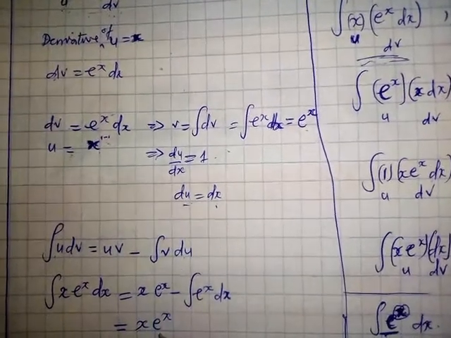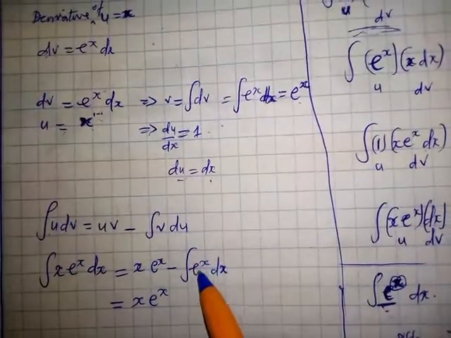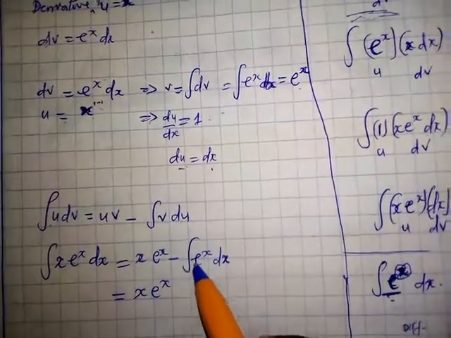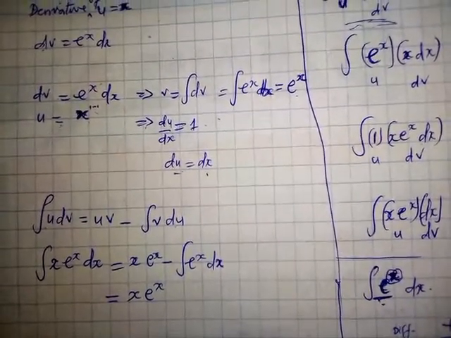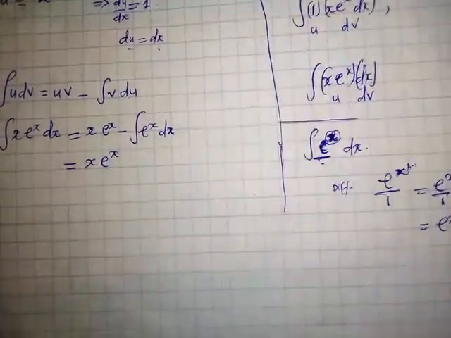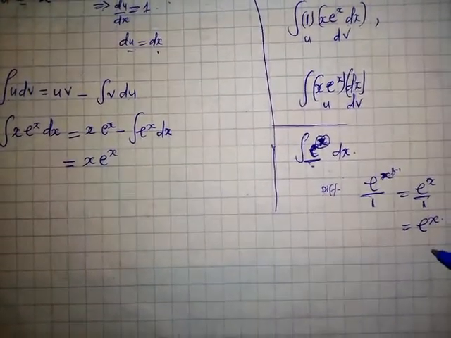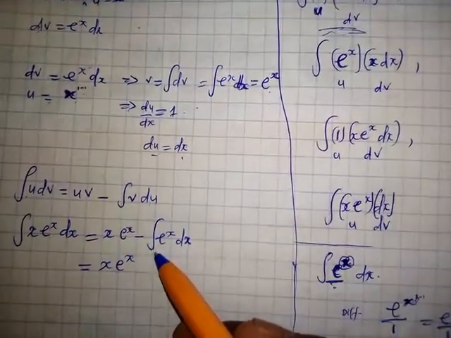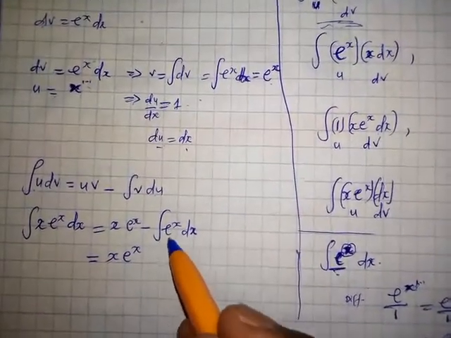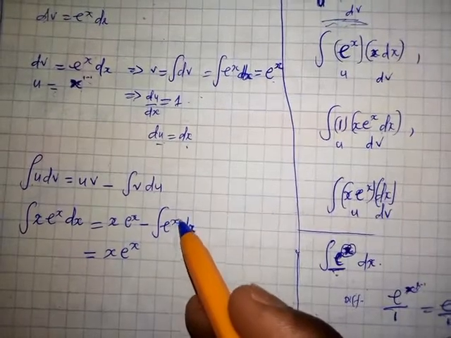So this gives us x e^x minus the integration of e^x dx. When you integrate e raised to power x, we still get e^x. Remember, I have just explained the integration of an exponential function: we differentiate the power, then divide by the answer.